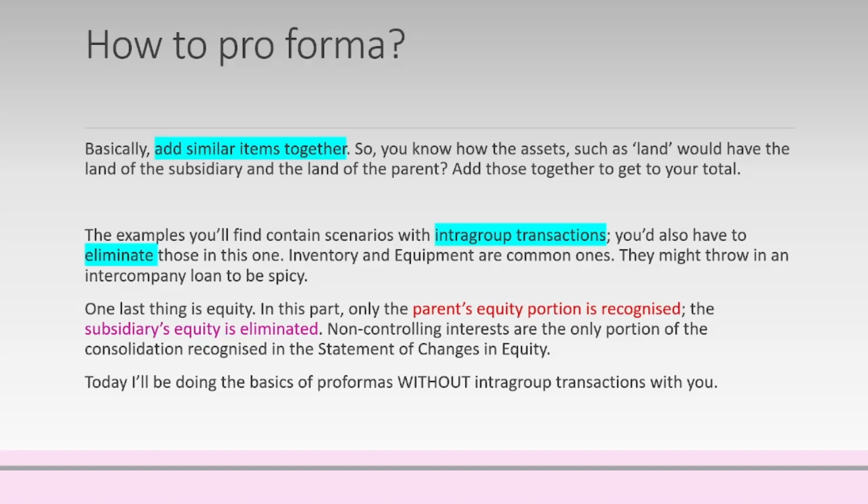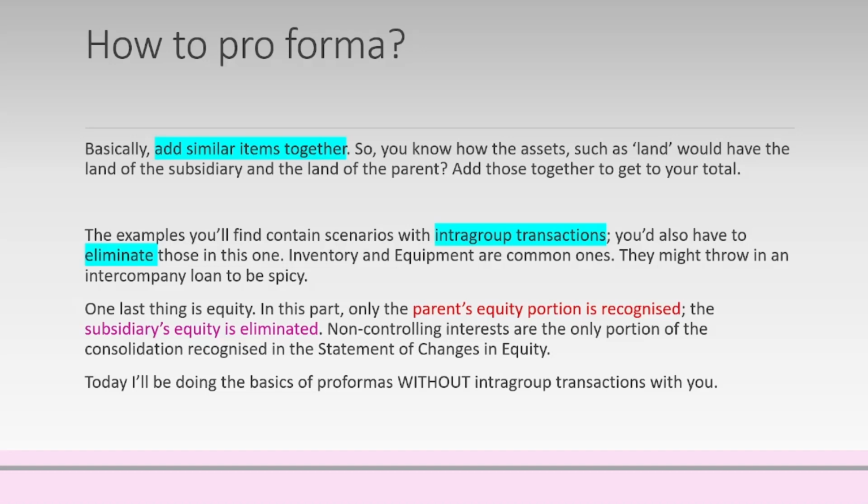Inventory, equipment, intercompany loans, those are common things that are tested when you are doing intra-group transactions. And I'm going to put in something at the end, which is homework for you all, to actually track if you know each and every type of these intra-group transactions.